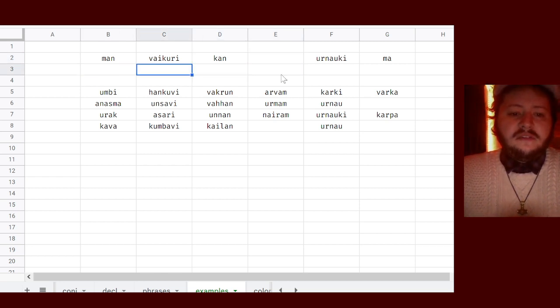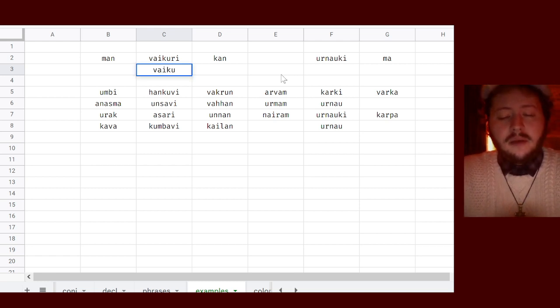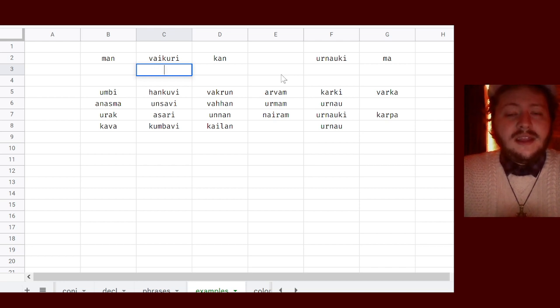What we have here, vaikuri, so the noun is vaikur, or sorry, why am I pronouncing that with a V? Vaikur. Vaikur is eye. It's your eye, or your eyes. Vaikuri means like in the eye, or on the eye, or to the eye. So it's eye, and then it's dative.